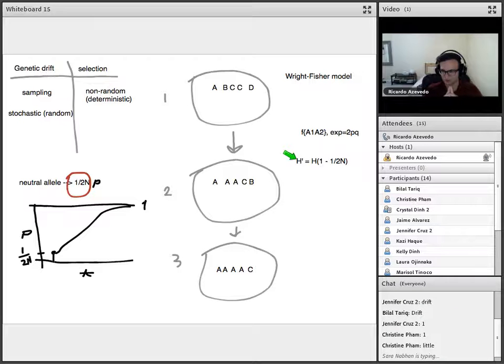Christine says a little, Sarah says a little bit, Kaza says not so much, consistently. Why is that? This is simple mathematics, right? Because H is multiplied by 1 minus 1 over 2n, so as 2n increases, 1 is subtracted by an increasingly smaller number, so the change is going to be more insignificant.